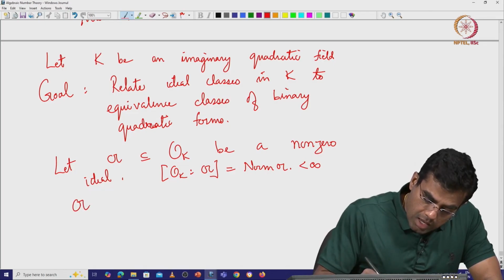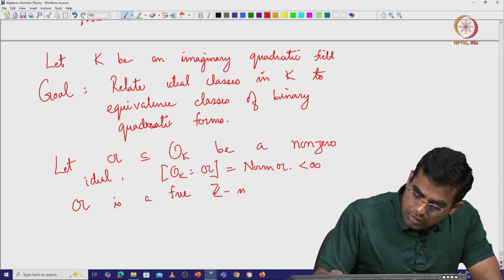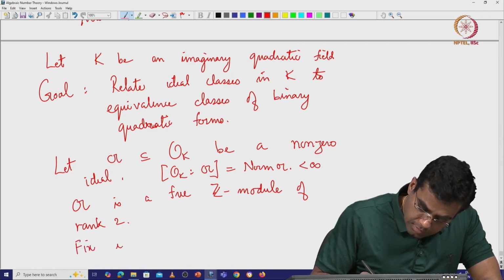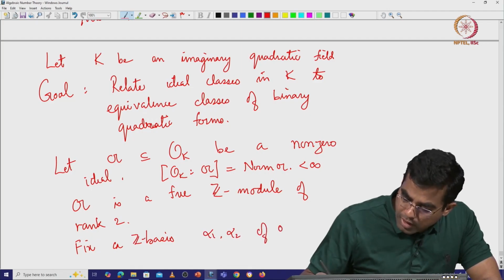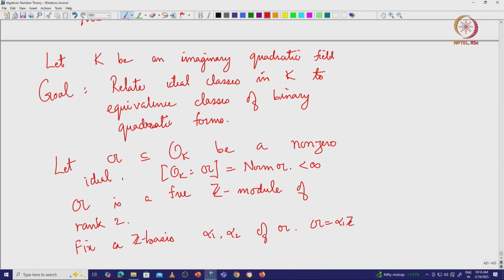So, A is a free Z-module of rank 2. So, we fix a Z-basis alpha 1, alpha 2 of A. What this means is A is alpha 1 Z plus alpha 2 Z.